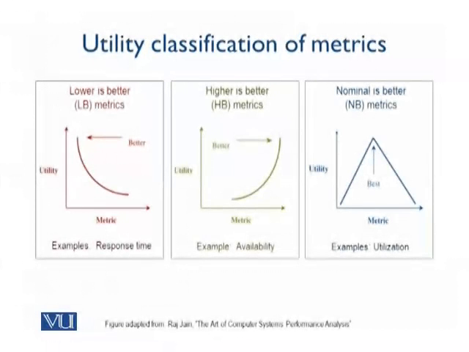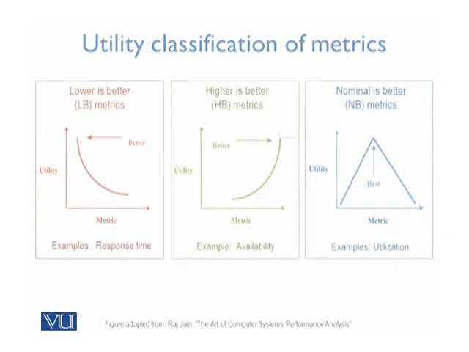An example of such a metric is utilization. People who are aware of network operation, they would know that response time is actually a function of utilization of the network. जब network lightly utilized होता है तो you get very good response time. But as the utilization of the network increases, the response time actually goes down.